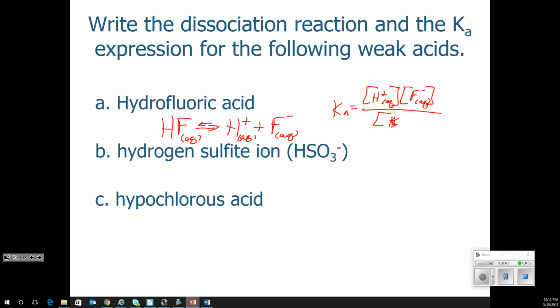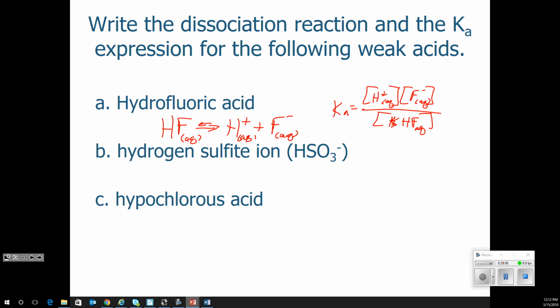Whoops, I really wanted a K in there, sorry. So you should be able to write that for anything that's given. Pretty easy, right? Do you have any problems with that? Just products over reactants to their exponents. For usually Ka and Kb, we won't have exponents because we're just moving one hydrogen off.